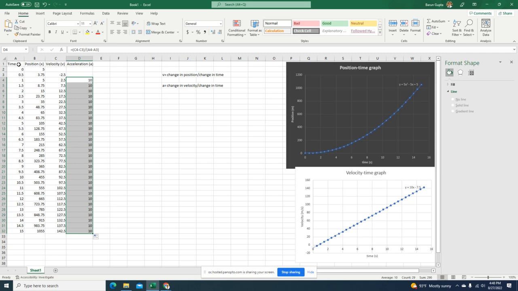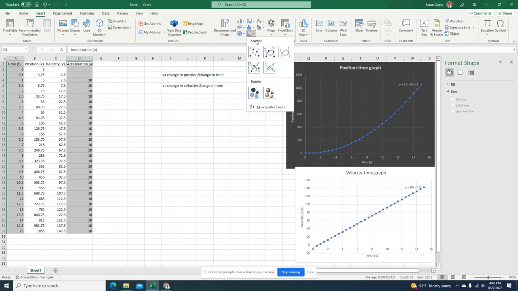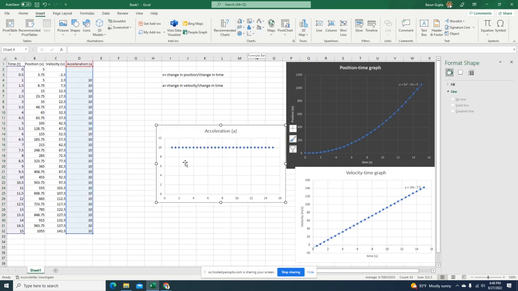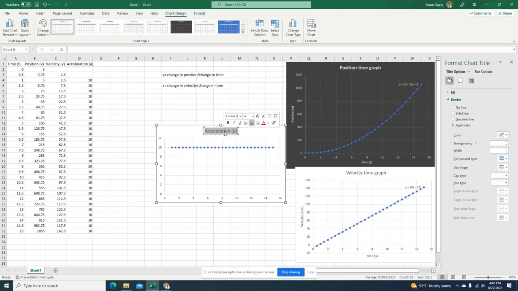Okay, so let's plot the time and acceleration graph. So select time, select acceleration, go to insert, and then go to scatter graph. So here, this is an acceleration time graph, and again, you have to clearly label the axis.